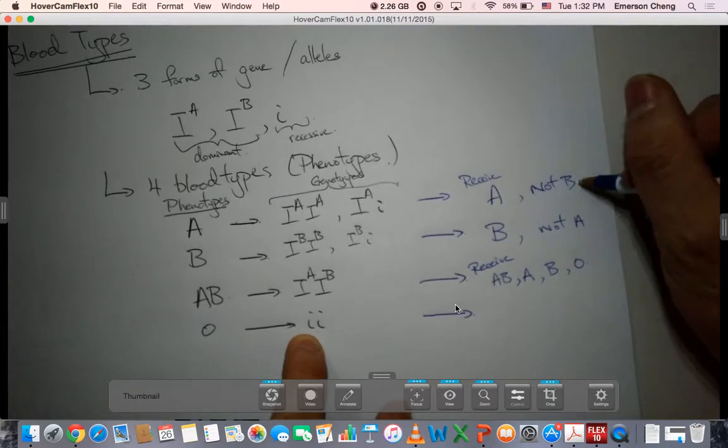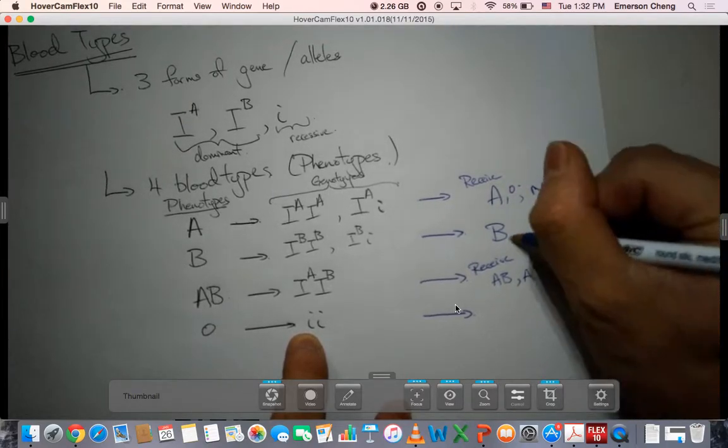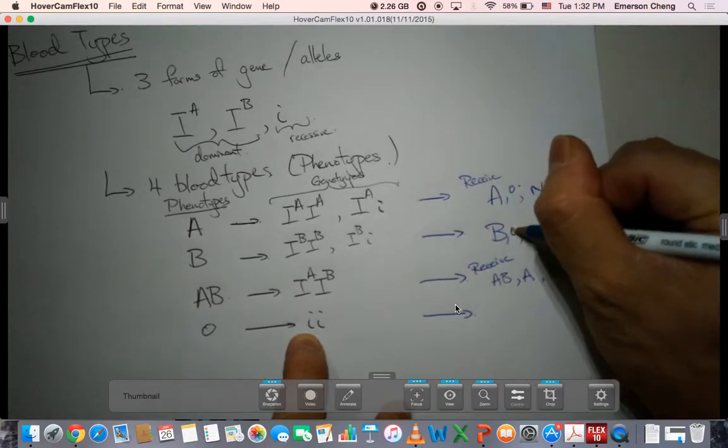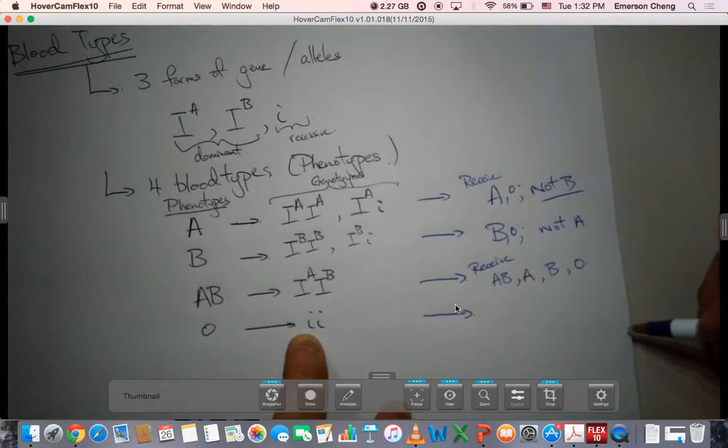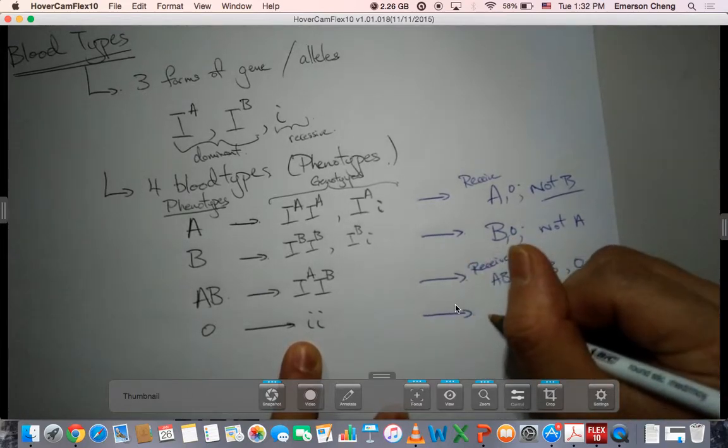Okay? Type A blood can receive blood from type A and O, but just not B. Type O blood can receive blood from O. However, type O blood people, if they need blood, they can only receive it from other type O people.